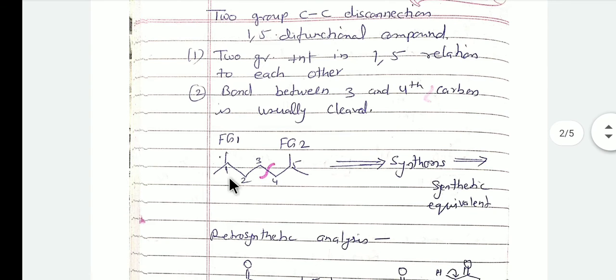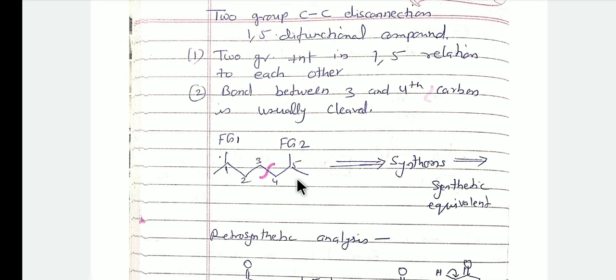So for example, here one functional group is present at the C1 carbon atom and another functional group is present at the C5 carbon atom. So this compound is called a 1,5-difunctionalized compound. In this compound, the bond disconnection can take place between carbon 3 and carbon 4.